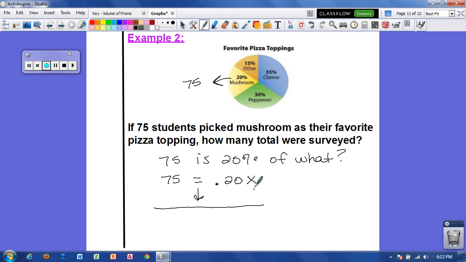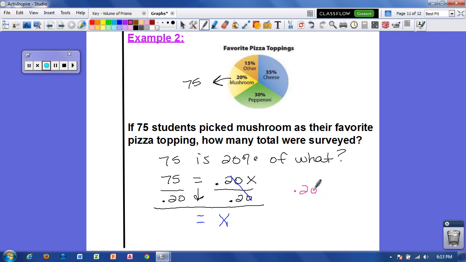I want to do the inverse of multiplication, and I'm going to divide by the 0.20 on both sides. I'm going to come over here to the right and do the division. So I know that these become 1. I'm literally left with 1x, and I have to do 75 divided by 0.20.